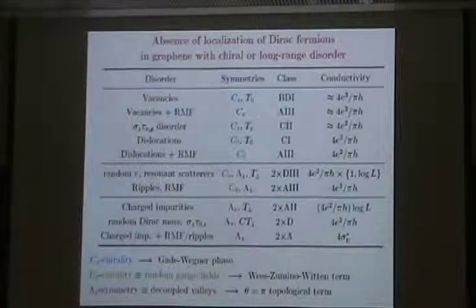So this is more or less a couple of different types of disorder respecting different subsets of the symmetries, and there's a list of what classes you get and what will be the corresponding values of conductivity. So you see, depending on what your disorder is, you can get a whole zoo.